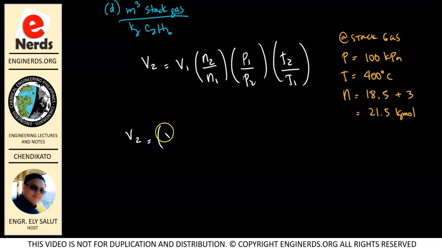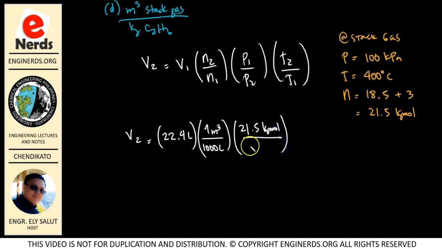Our V1, which is the volume at STP, 22.4 liters. So it should be in cubic meter. So we have 1,000 liter per 1 cubic meters. Alright, so now our N2, which is 21.5 kilogram mole, and our N1, which is 1 gram mole.